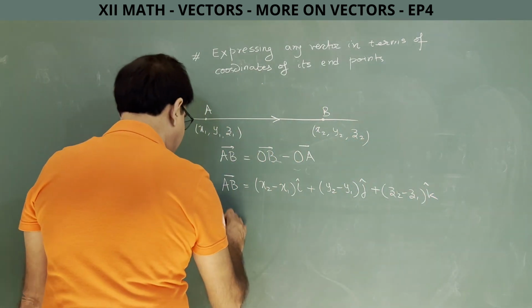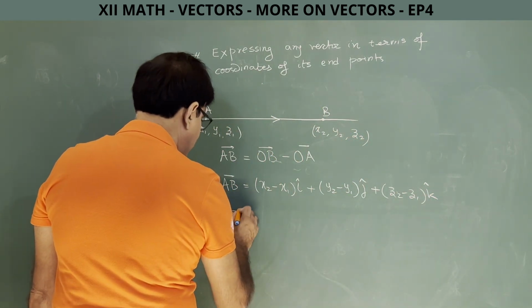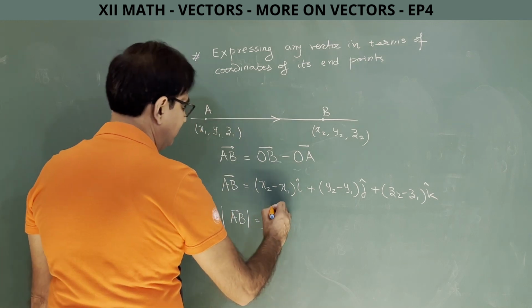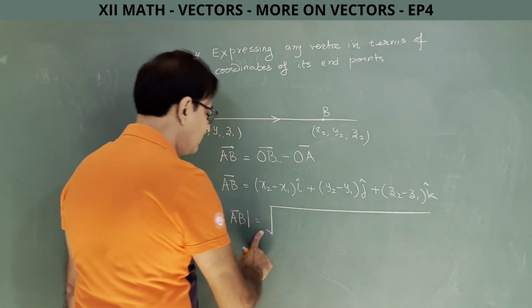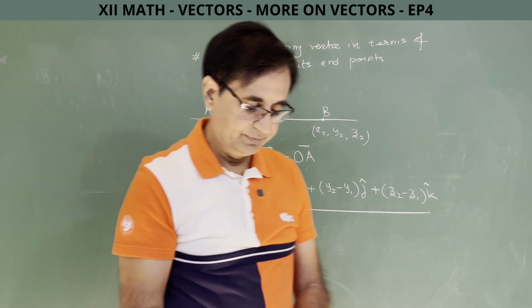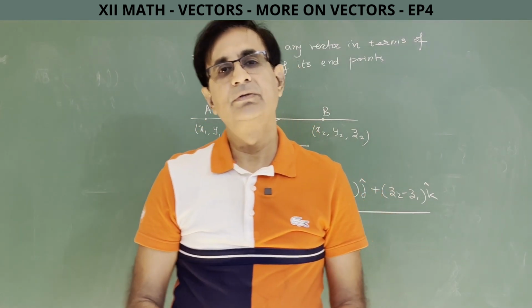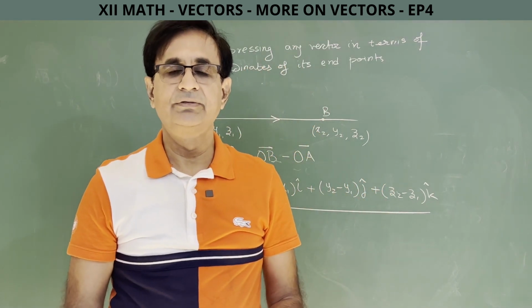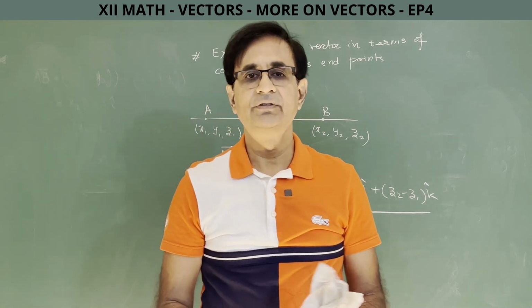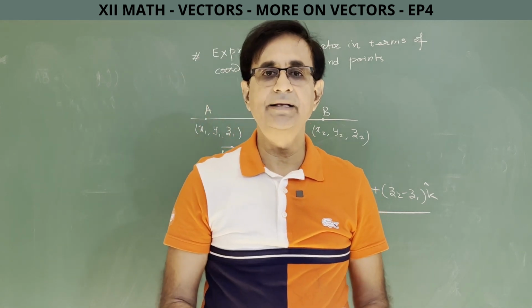So what is the magnitude of vector AB? The magnitude of vector AB will be, you remember the poem I spoke, the square root of the sum of the squares of the coefficients of i's, j's and k's.